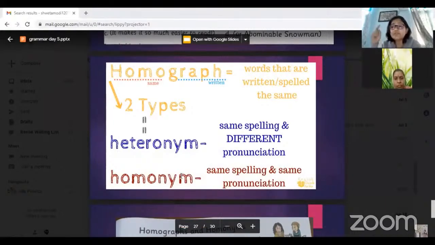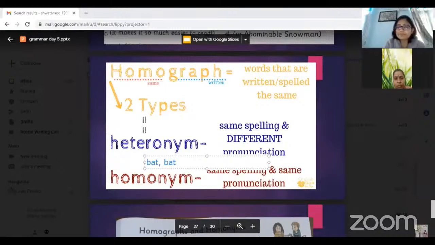When you have the same sound but different spelling. Here it is homograph. So homograph has the same spelling. And if the pronunciation is also the same, then it is a homonym. Like we did bat. One bat is the one with which we play, so bat and ball.